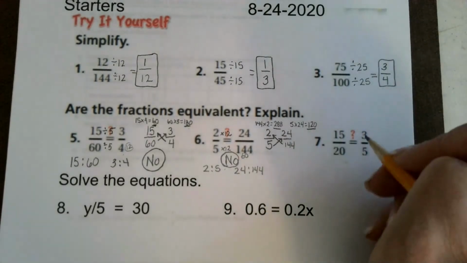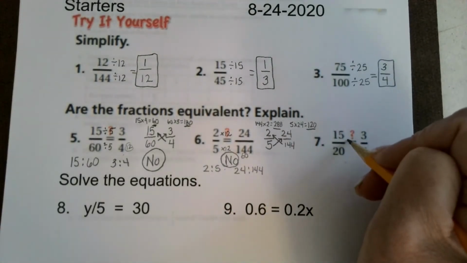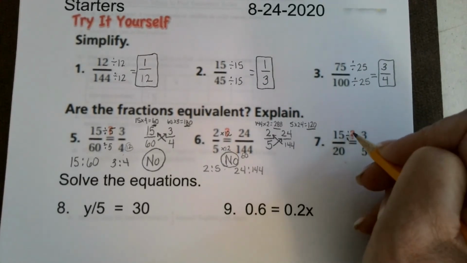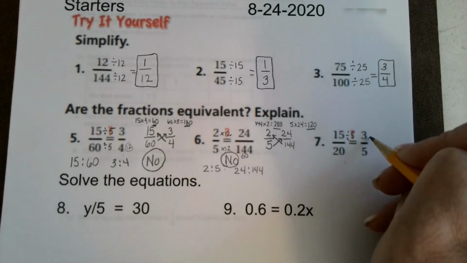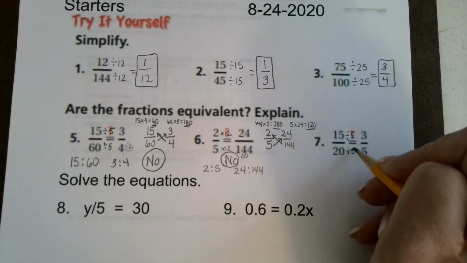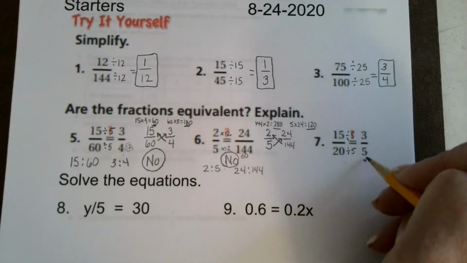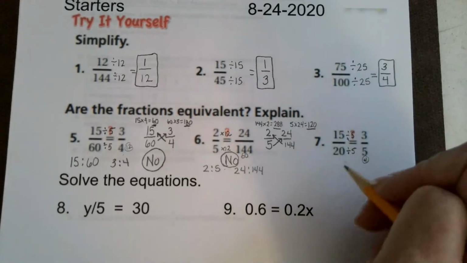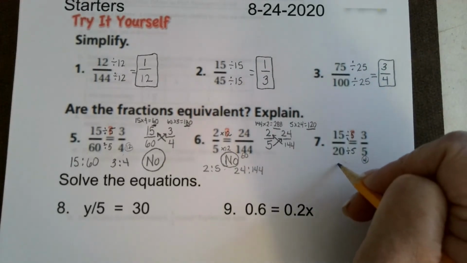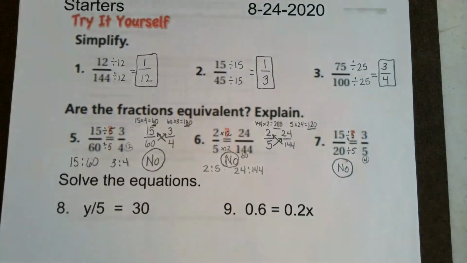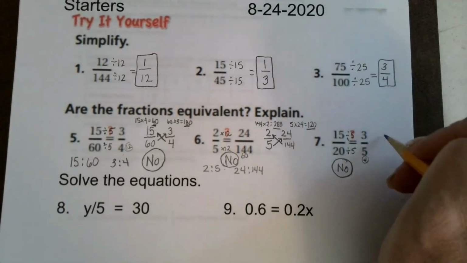And then on the last one, we've got 15 divided by 5 is equal to 3. And 20 divided by 5 would equal 4. So this also is not going to be equivalent. I might show you one that is. So these are also not equivalent. Or we could cross multiply.